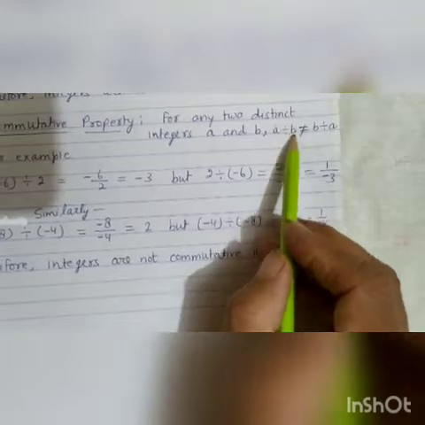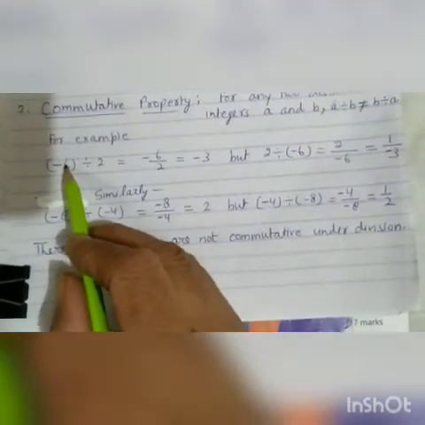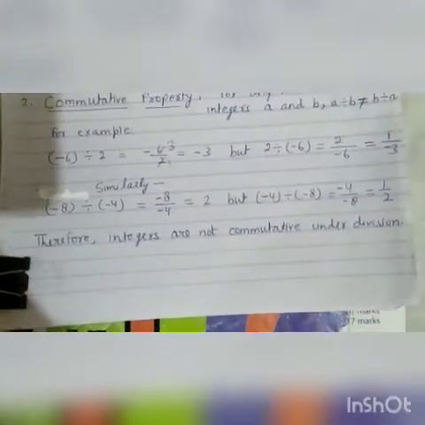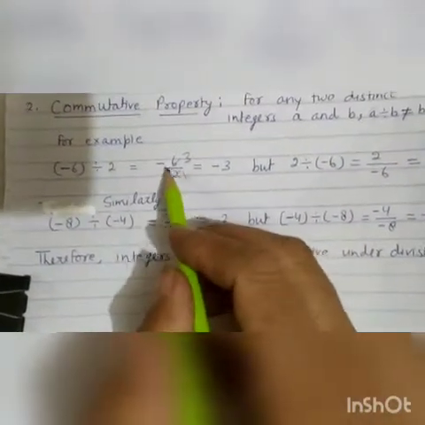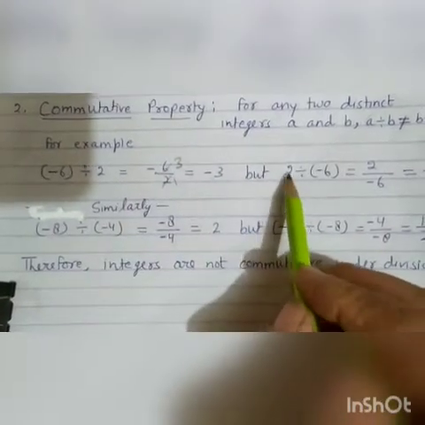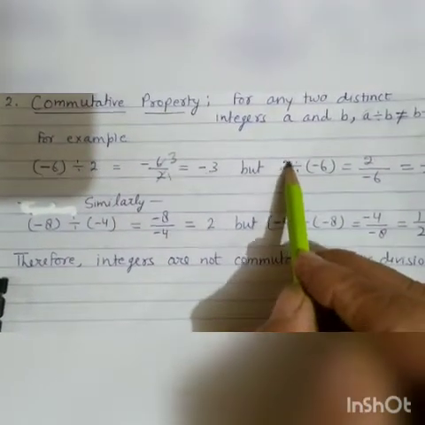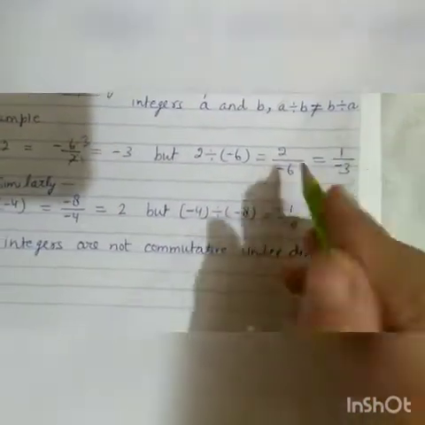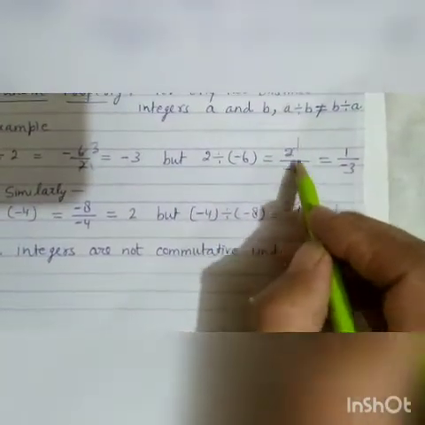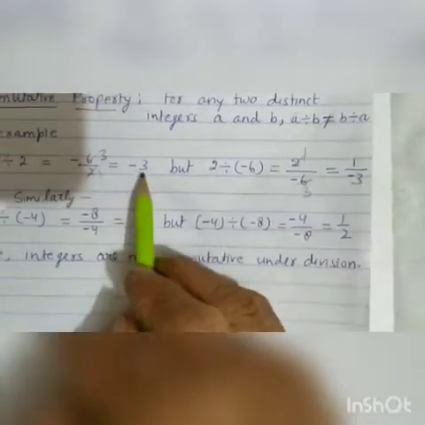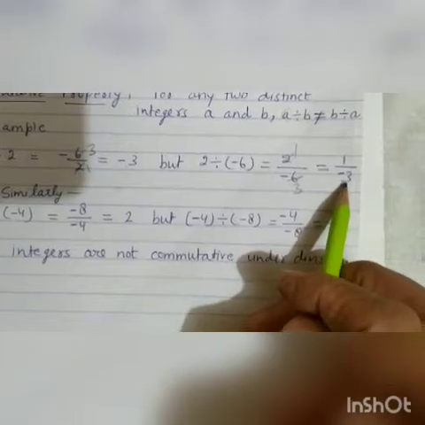This is the first integer, this is the second. When we write it minus 6 upon 2, 2 1 is 2, 2 3 is 6. Means minus 3. But when we divide 2 by minus 6, then we will write 2 upon minus 6. It will be 2 1 is 2, 2 3 is 6. 1 upon minus 3. Here it is an integer, here it is not an integer, it is a rational number.